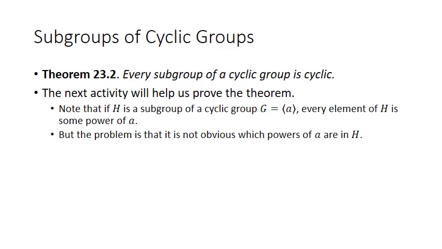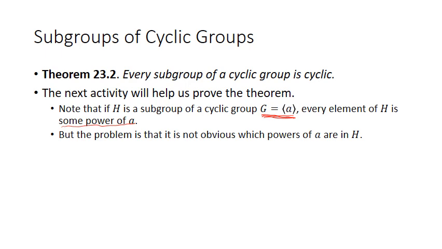We're going to actually prove this in the next activity. And just a couple of notes before we look at that. Note that if H is a subgroup of the cyclic group G equals angle bracket A, every element of H is going to be some power of A. That's what it means to be this cyclic group generated by A. That means that all the powers of A are the group.